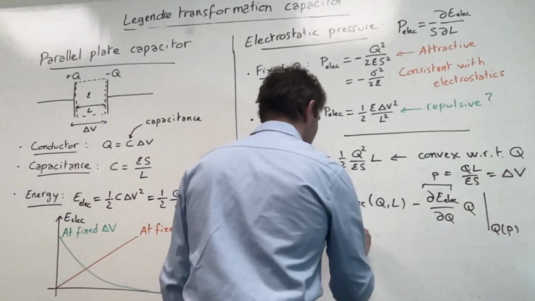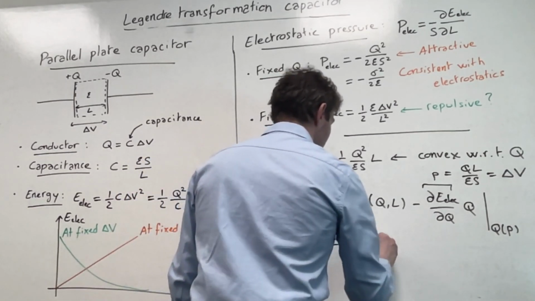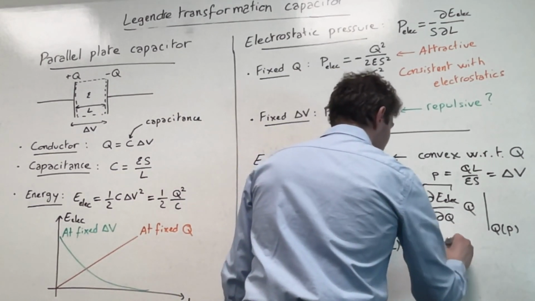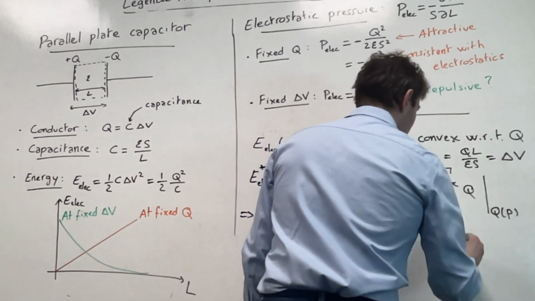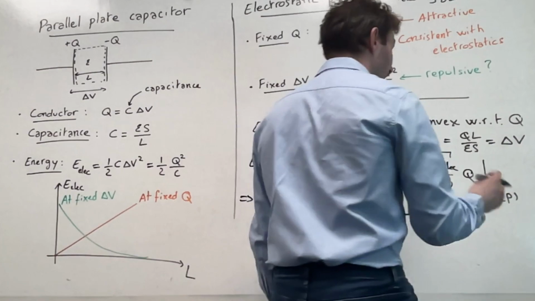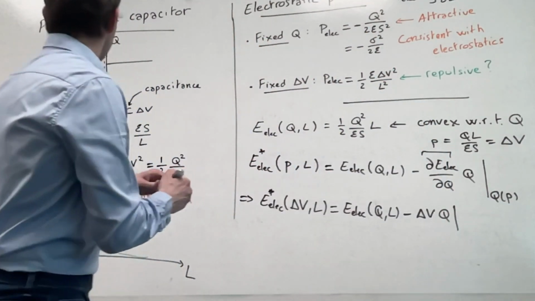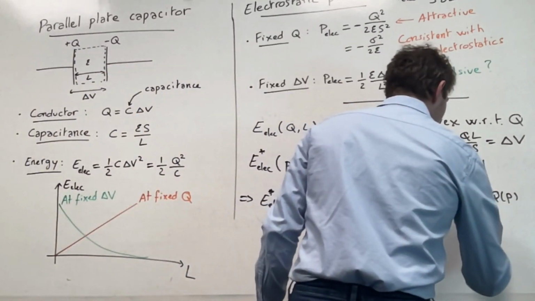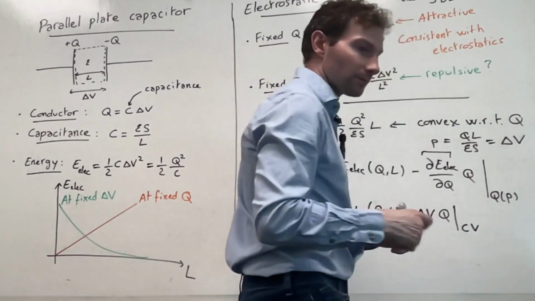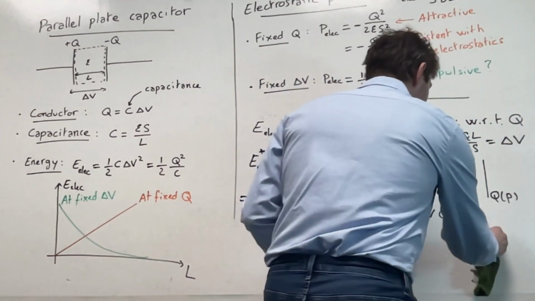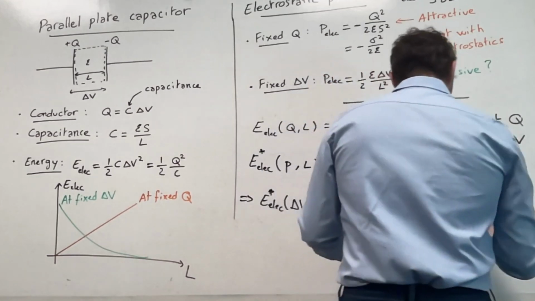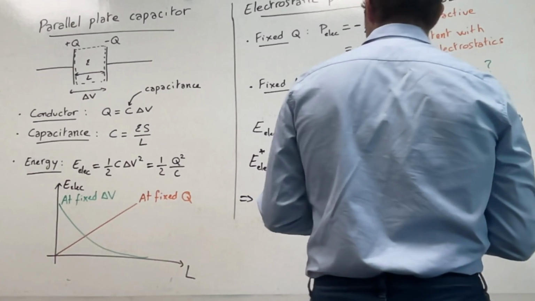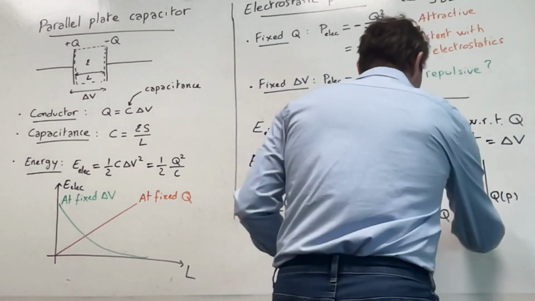What we need to use is actually E elec of QL minus delta V Q. And then that's expressing Q as a function of delta V. And as we know, Q is equal to C delta V. So C delta V, but let's replace with the actual values just to be on the safe side.